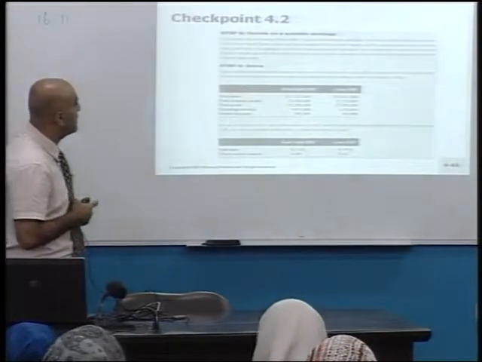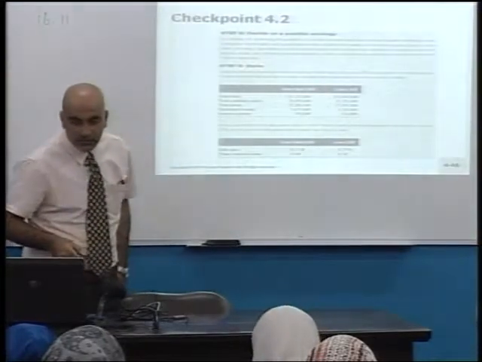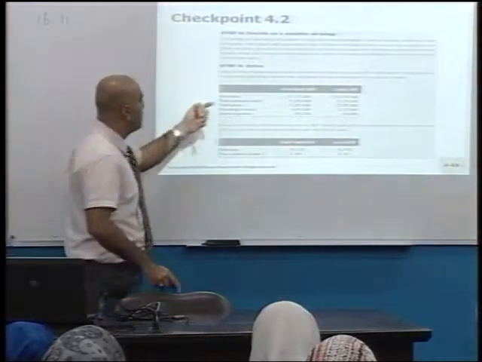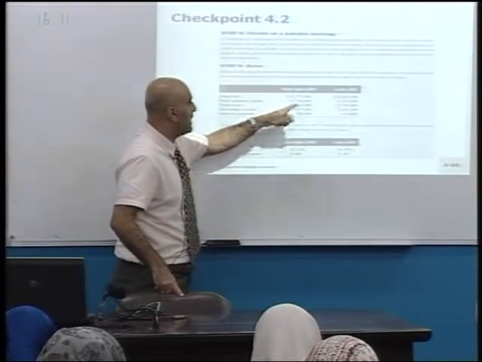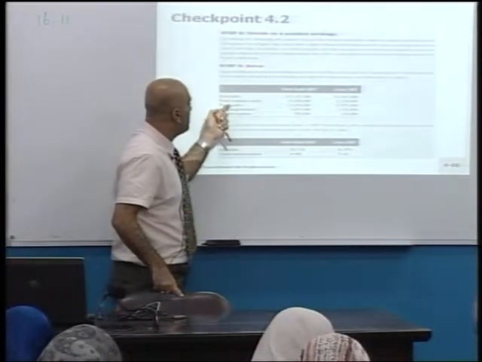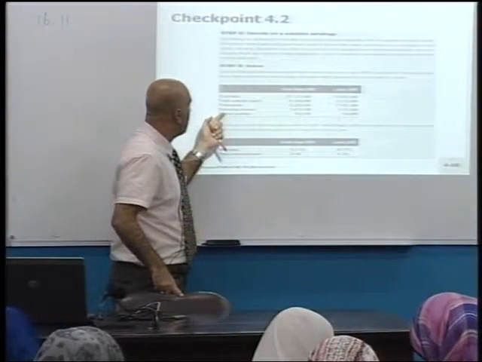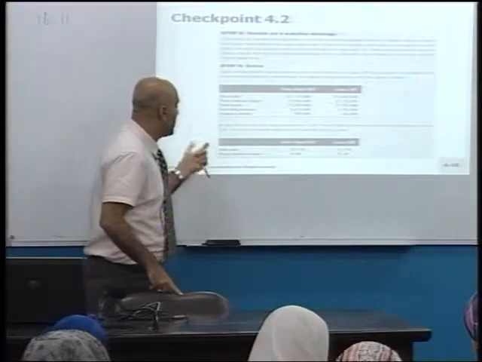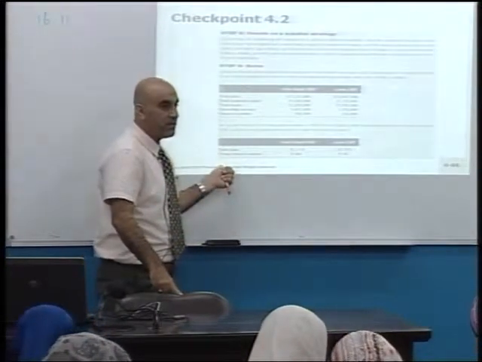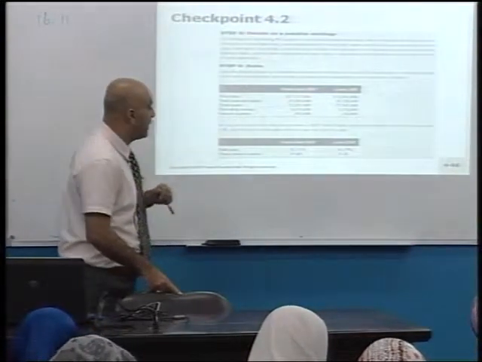If you read this example here, you have the total debts for Home Depot and Lowe's. You have total common equity, total assets, operating income, and interest expenses. What you are going to do is calculate the debt ratios and the times interest earned.